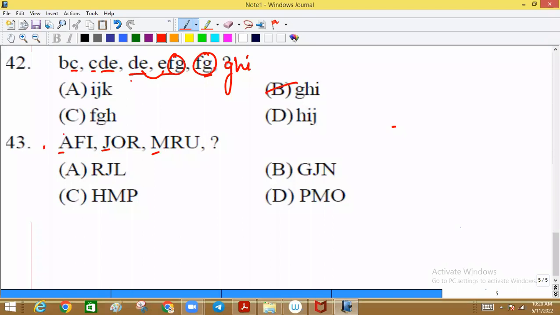So A, F, how much? Plus 5. F 2, I 3. J to O, 5. Here also 3. Here also 5. Here also 3.